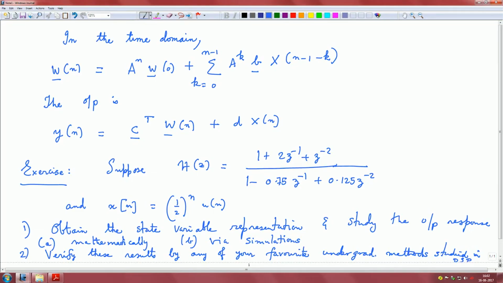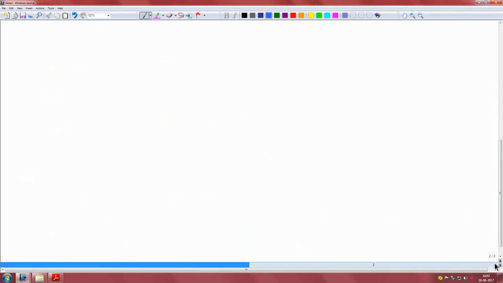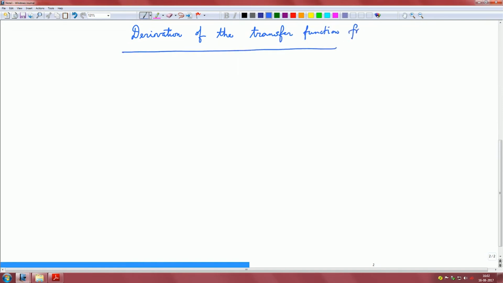Based upon the state variable representation, we are ready to derive the transfer function from state variable representation.